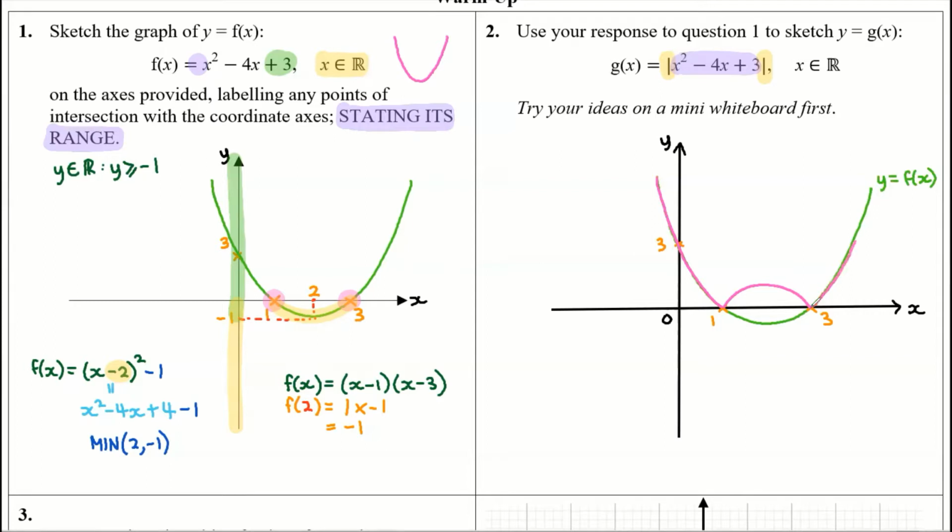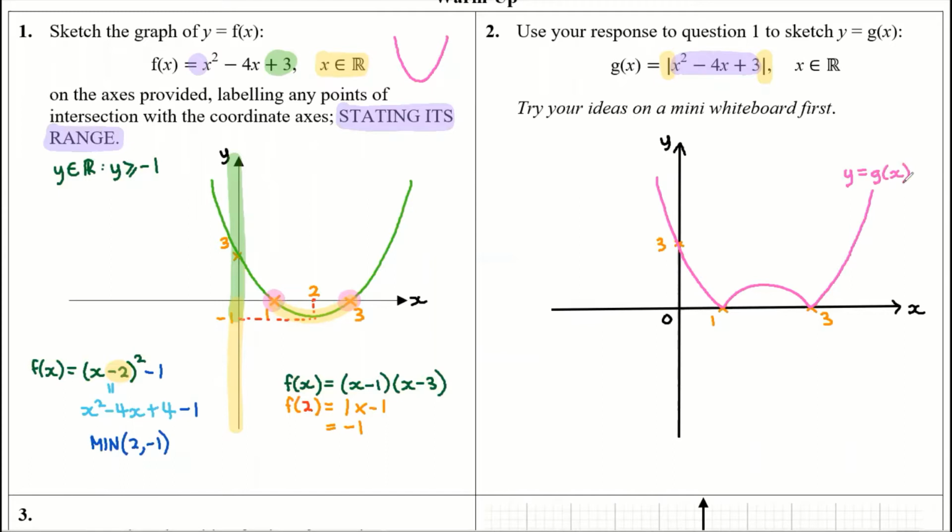So that's going to go up like that. Okay, and let's just erase the previous function. And what we have here is a sketch of the graph y equals g of x, which is the modulus of f of x.